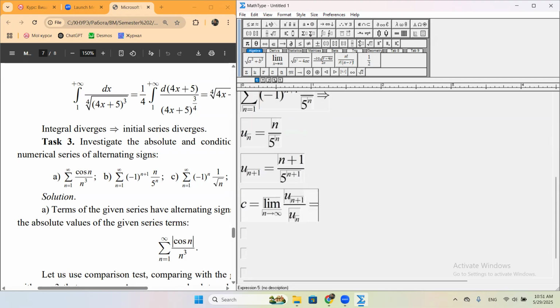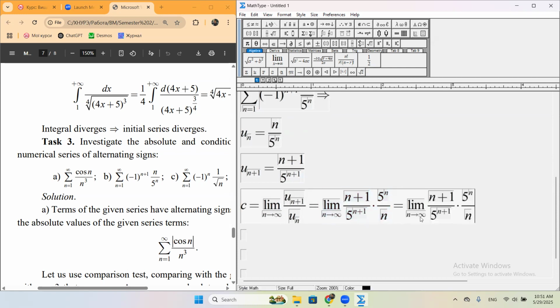When n approaches infinity, n and n plus 1 are equal, so just cancel them.